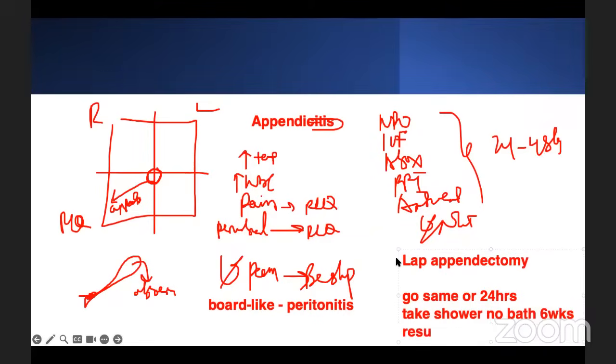They can resume activity slowly. And they can eat whatever they want to eat. That's all. Your B-sharp moment is when they have peritonitis or they have no pain. That's appendicitis for you. So that one is taken care of.